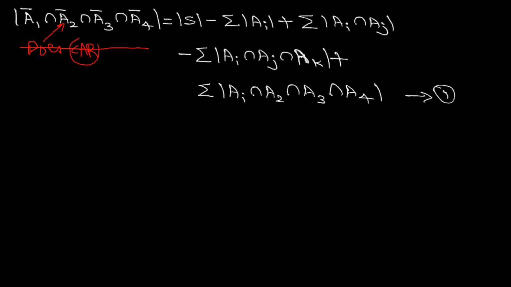No means the complement, so this is for A1 complement. And similarly, for the other two, those words should not be there. Those other two words should not be in our permutation. How many such permutations exist? That is what we are going to find now.